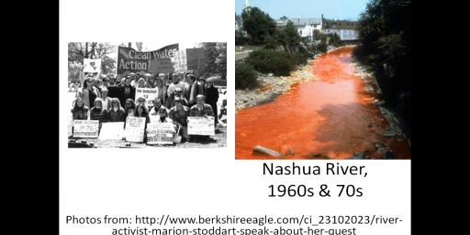So this led to a lot of pollution in the rivers in this country, and this is a picture of the Nashua River, but the Nashua River was not unusual in that there used to be a crazy amount of pollution in these rivers. So, for instance, in the 60s and 70s, rivers would run red with the dyes from the mills. This was a very common occurrence also in the Merrimack in Manchester.